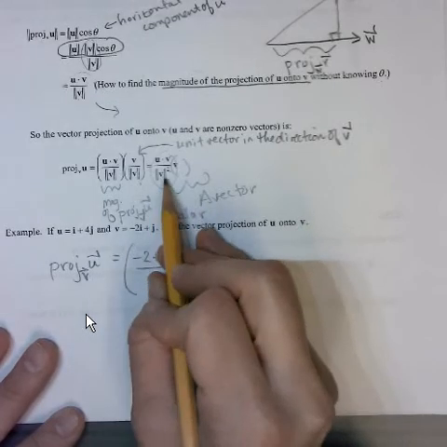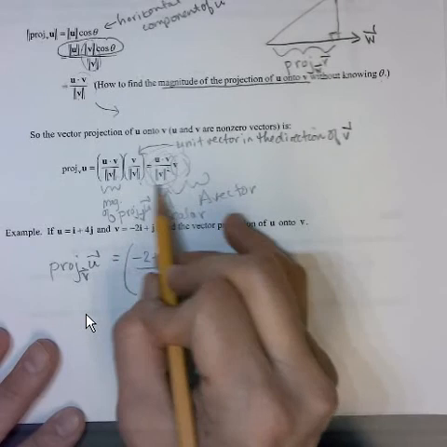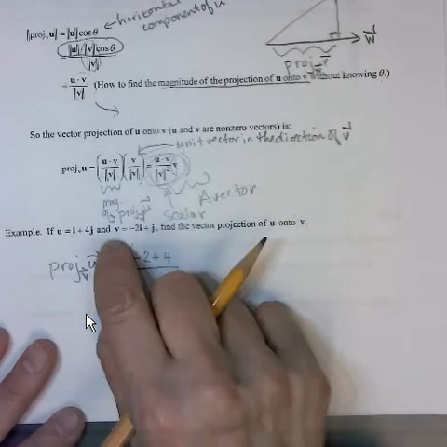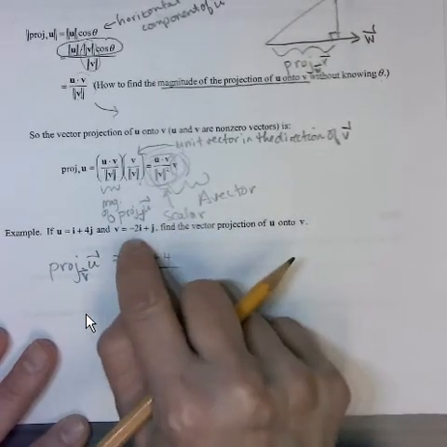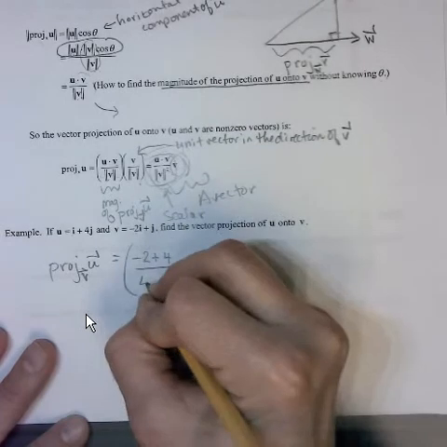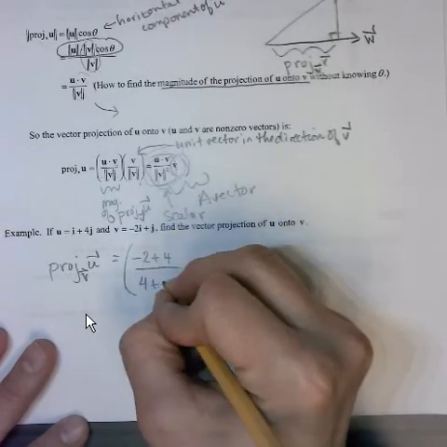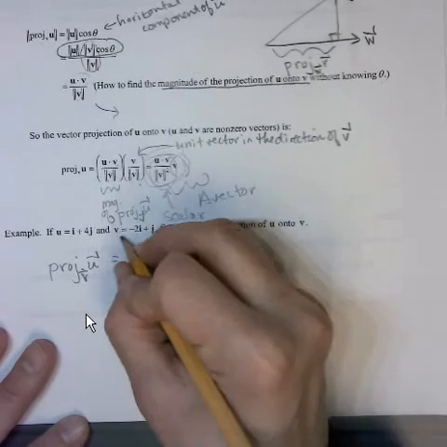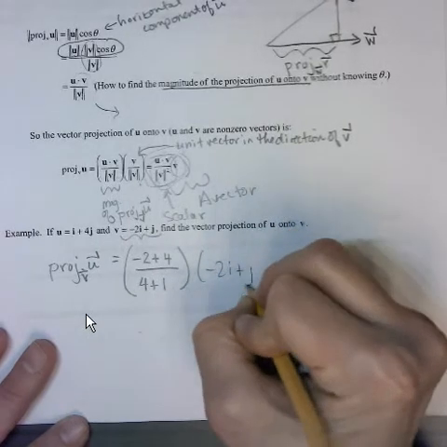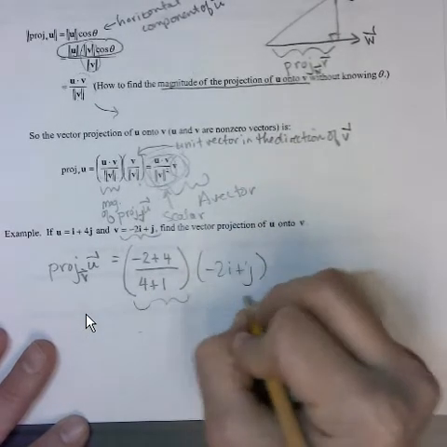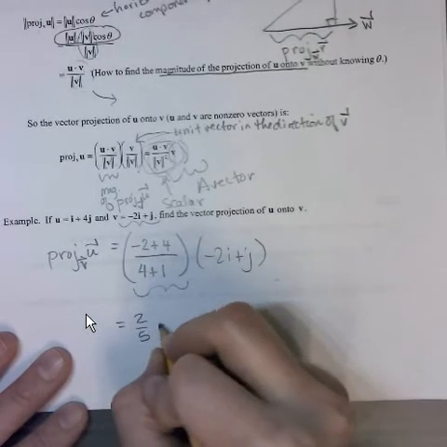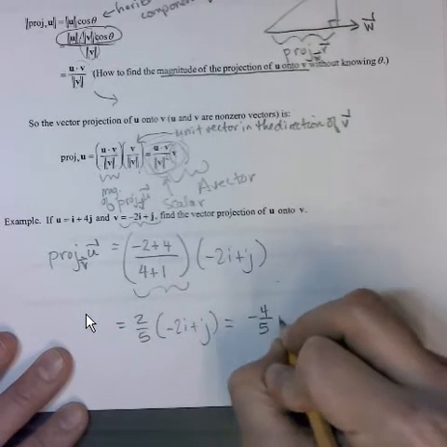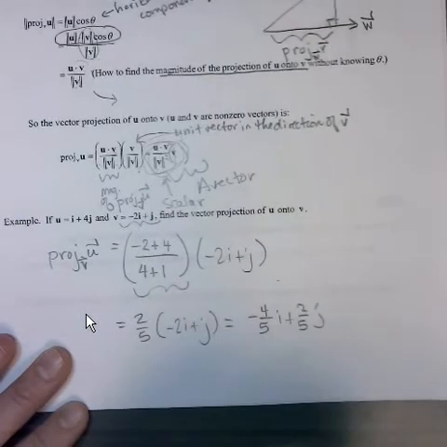So I'm just dropping the square root: negative 2 times negative 2 is 4 plus 1 times 1 is 1. And then you just multiply it times vector v, negative 2i plus j. So that's our scalar and that's our vector. We get 2/5 times negative 2i plus j, which is negative 4/5 i plus 2/5 j. There's our answer.